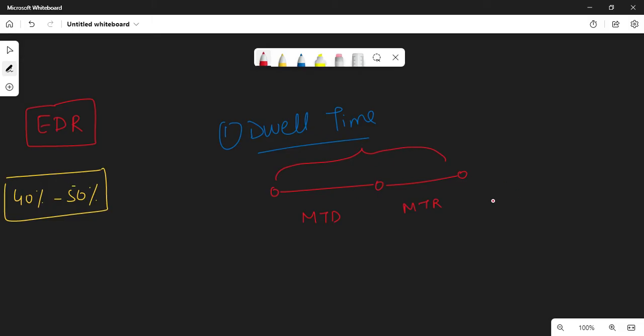And on average, it has been noticed that it is 56 days, which is roughly 2 months. So for 2 months, an attacker can be within your network till the time you figure it out and cut him off or isolate him out of your network, right?